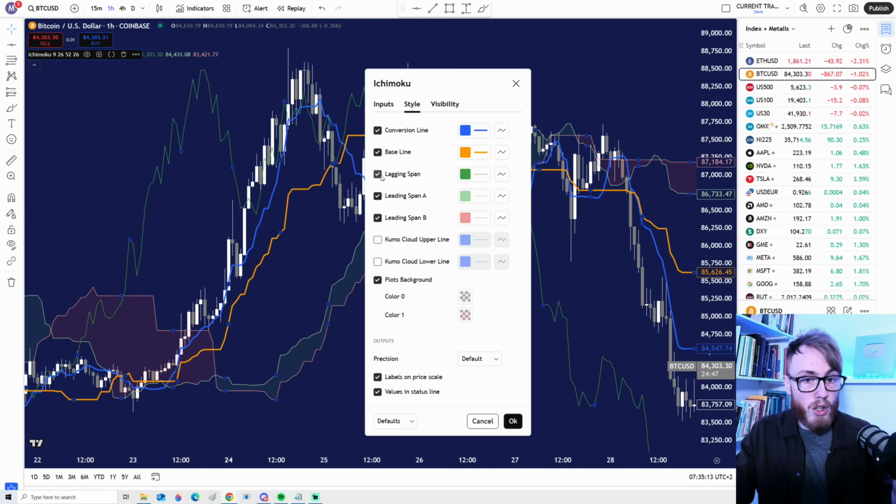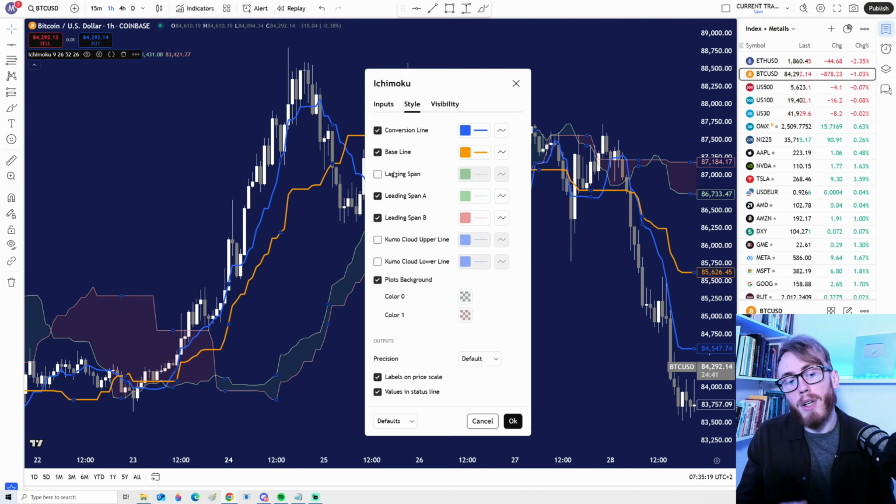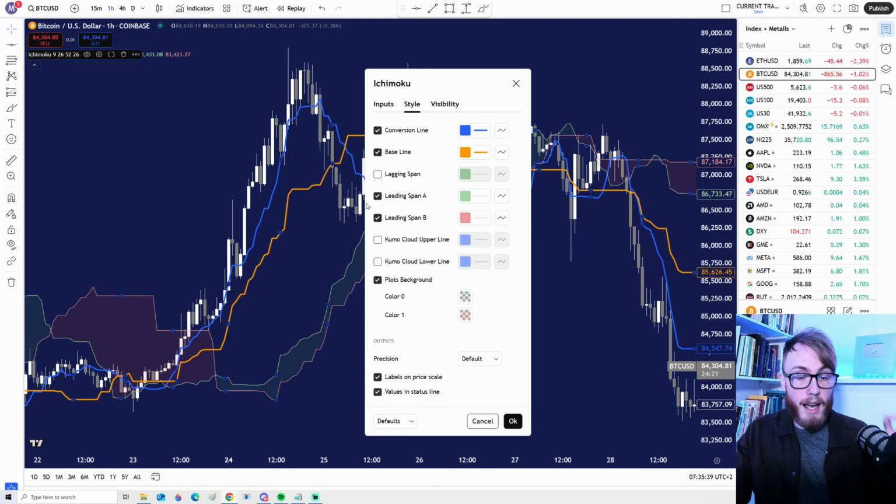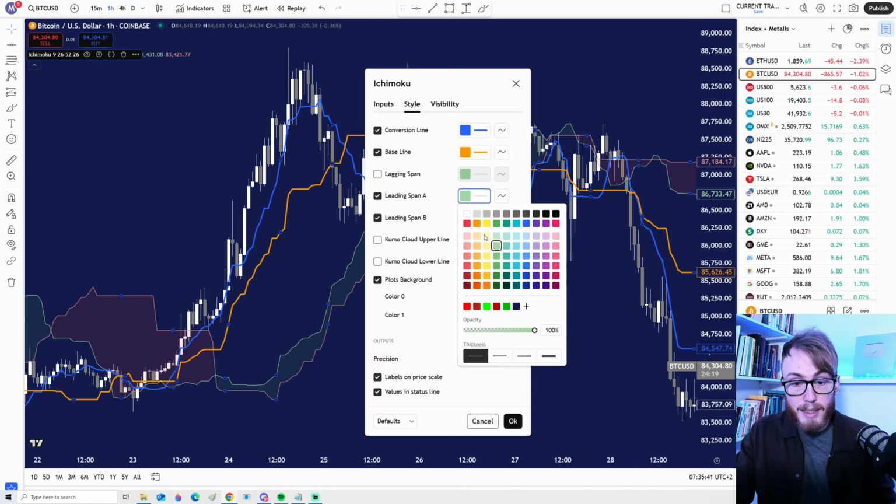Next, the line called lagging span, I actually want to uncheck. This is not something you have to do. Some traders actually use the lagging span, but for this video, I think this one will only make the chart more cluttered and complicate things. So I'm going to take away the lagging span. As for the leading span A, we want to keep this one, but once again, I'm making the line a bit thicker.